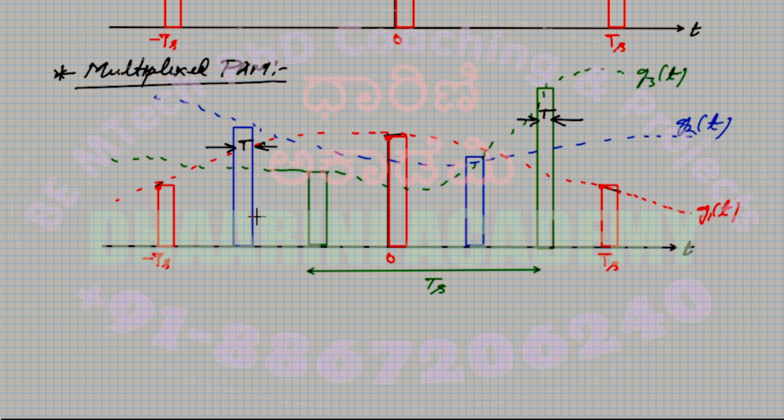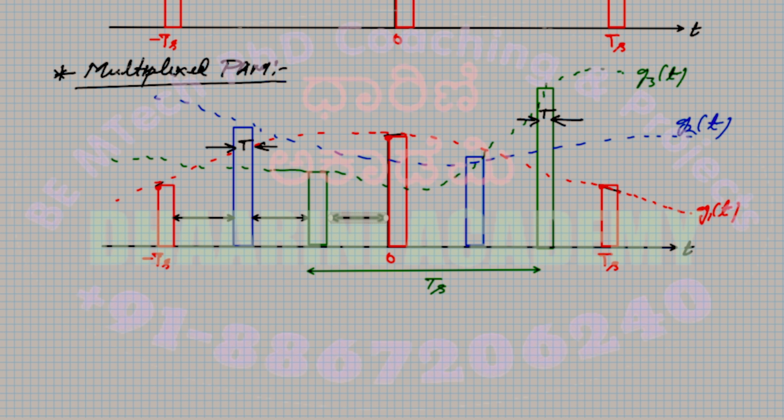So that is between this and this, between this and between this and this, all are the same. In this case, it is how much? Whatever TS we had, it's divided by 3, correct? Because in one TS I have 3 different samples coming, correct?